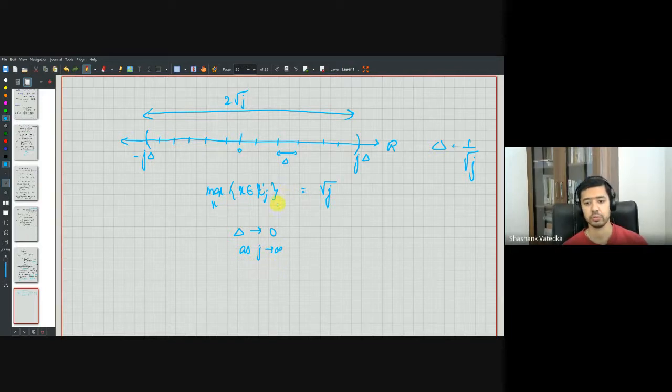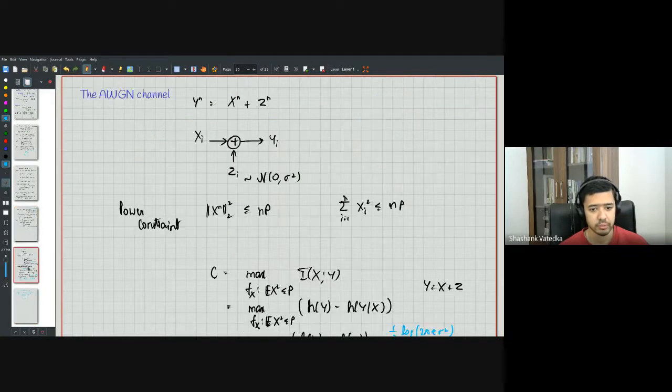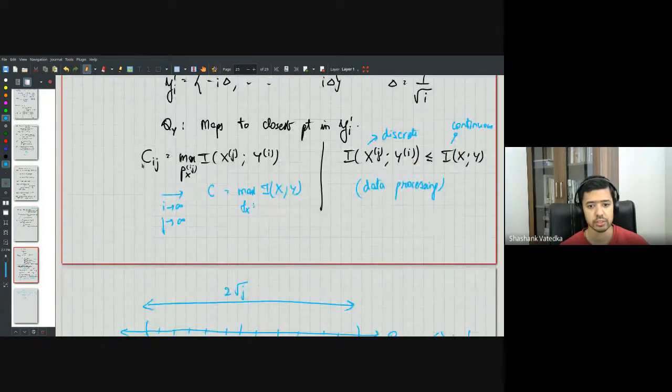So as you let j grow larger and larger, the effective range is increasing, but at the same time, the spacing between the points is decreasing. This is a very important property that is used particularly when you look at continuous alphabet channels over the reals.